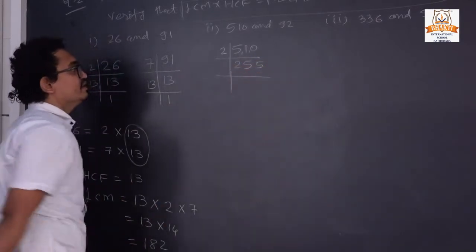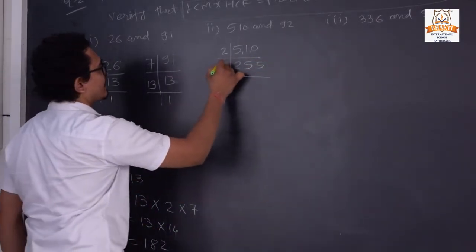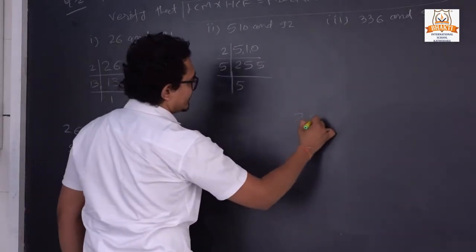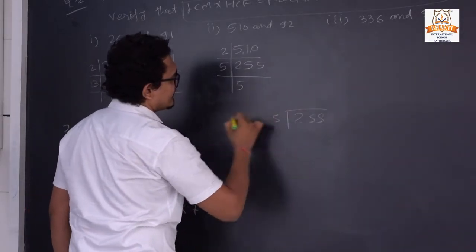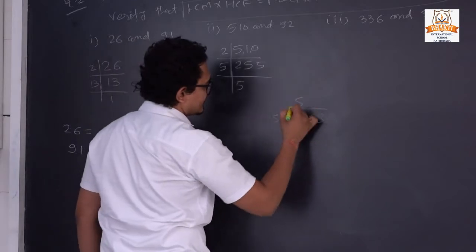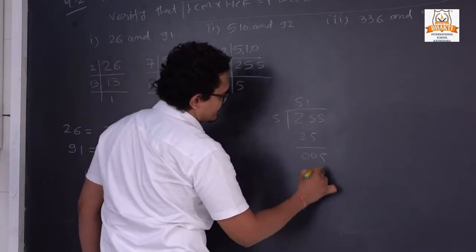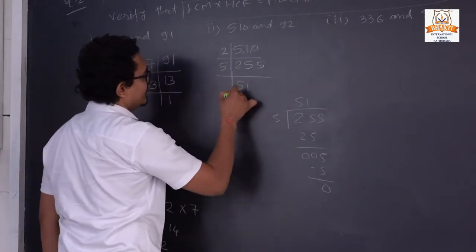Now it will be divisible by 5. So 5 5s are 25, and 5 1s are 5, so it will be 51.